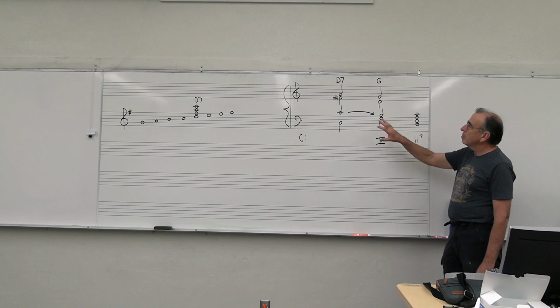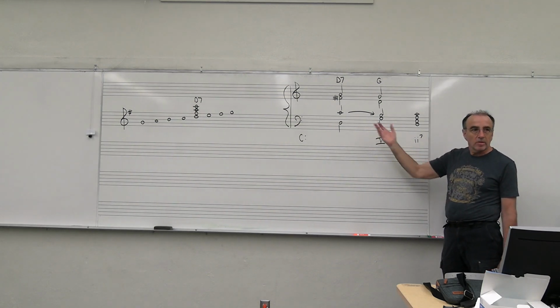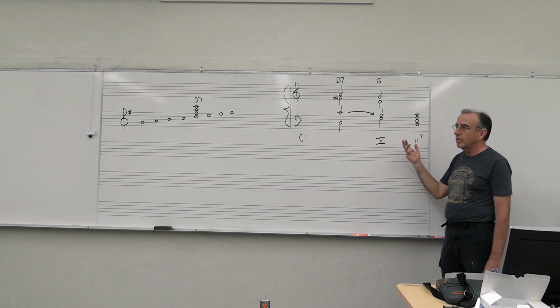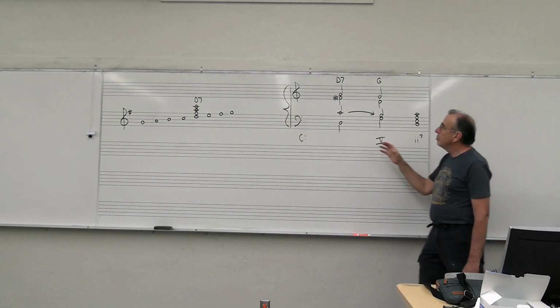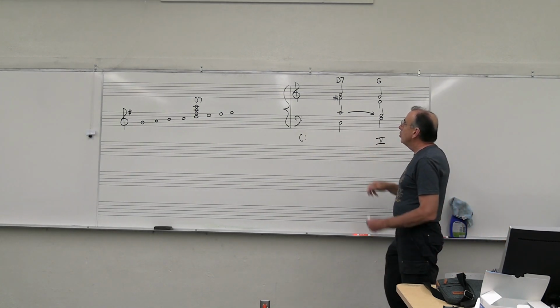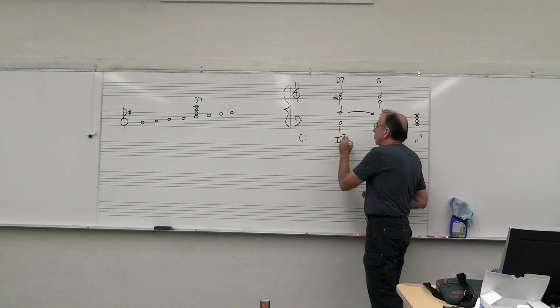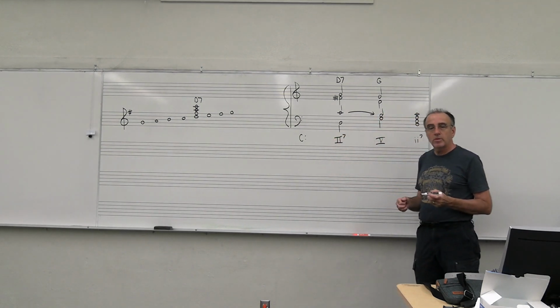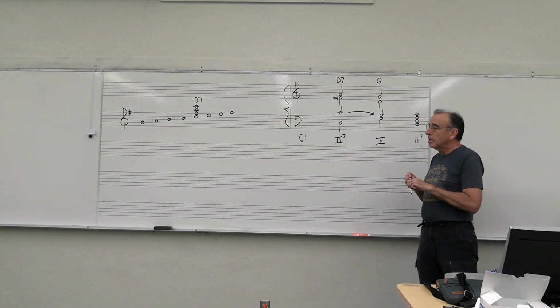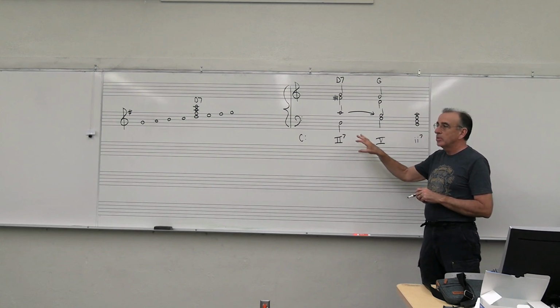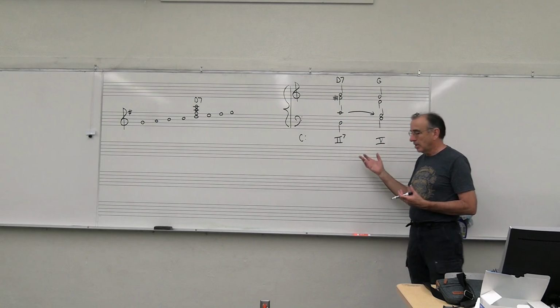So that's what we call secondary dominants, because they're outside of the key, because we're borrowing them from a different key. And so when we notate them here, we don't do something like this. We don't say, well, that's a 2 and it's a 7th chord. We don't do that because we want to notate its special relationship to being outside of the key.